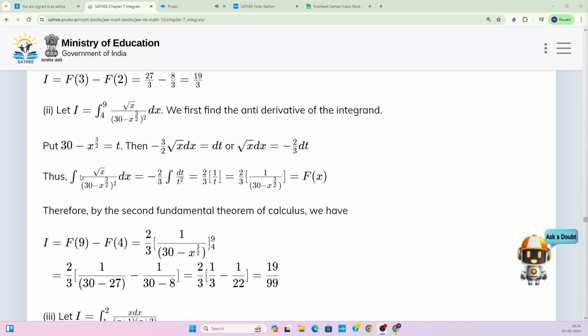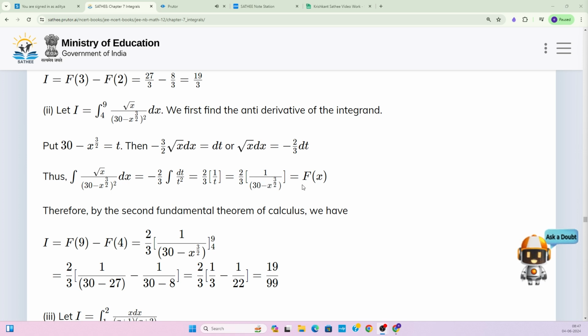Now this means the indefinite integral of root x over (30 - x^(3/2))² dx will be -2/3 times the integral of dt/t², which can be rewritten as 2/3 times 1/t. Now t can be replaced in terms of x, which is 30 - x^(3/2).